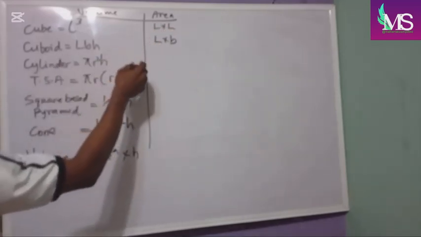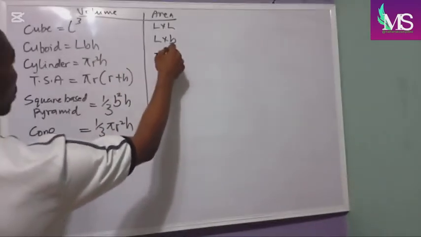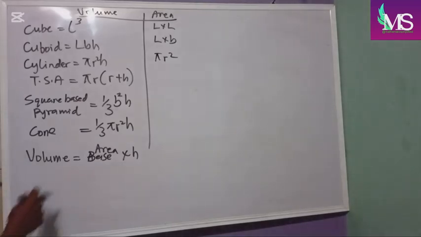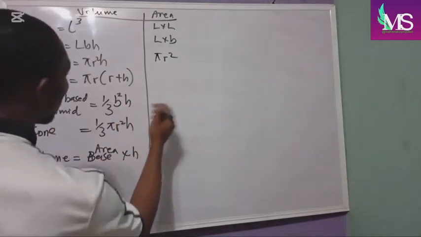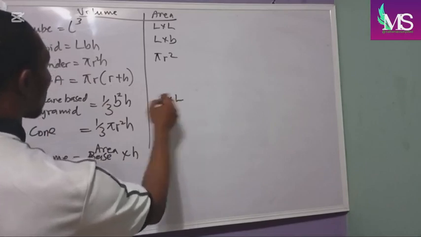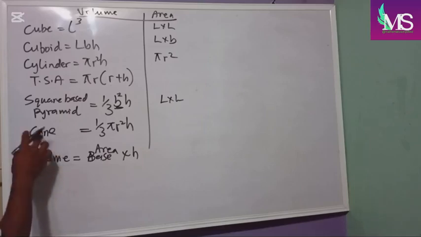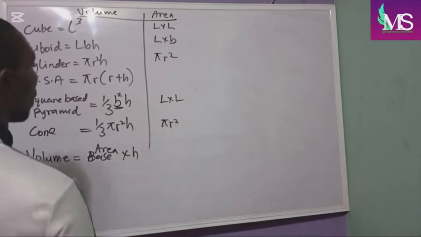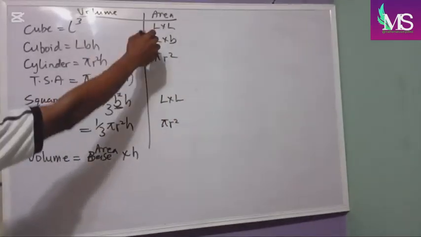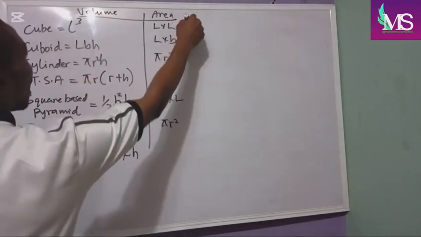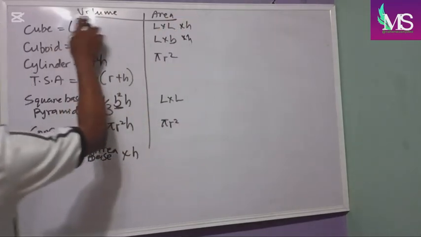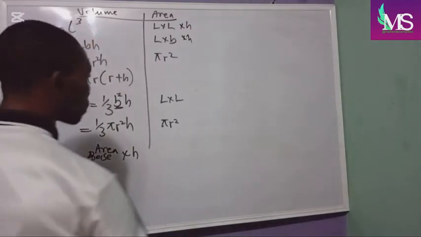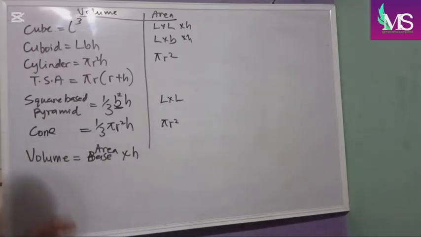The area of our cylinder, which is represented as a circle, is pi r squared. The area of our square-based pyramid, which is a square, is length times length. The area of our cone, which is a circle, is also pi r squared. You can see that each of them, their area times height forms the volume. So it is important to know that our volume is our base area times height.